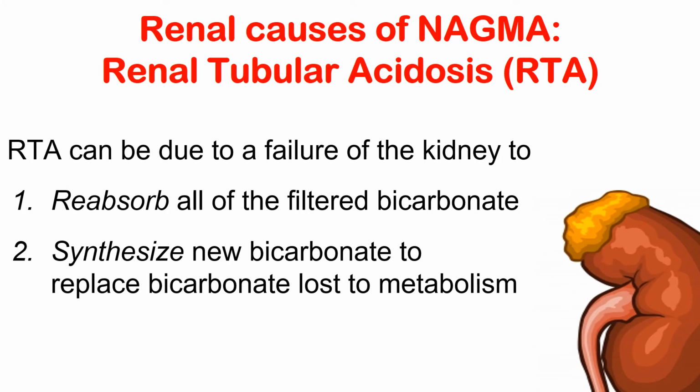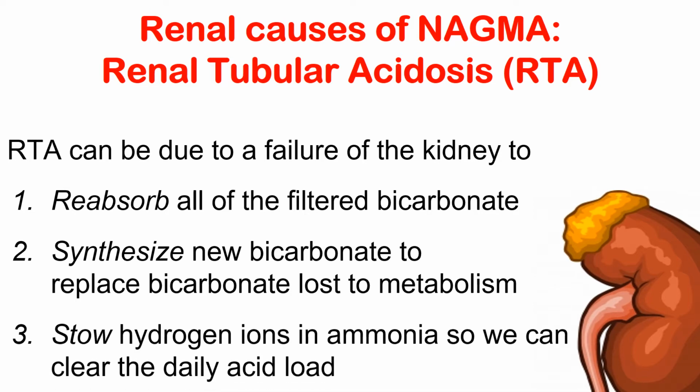It may fail to synthesize new bicarbonate and secrete a hydrogen ion, and that can lead to a net loss of bicarbonate. Or the kidney is able to do both of those two steps, but the hydrogen ions being produced don't have a vehicle to go out of the body, and that can cause RTA. And we'll discuss these three conditions in detail.